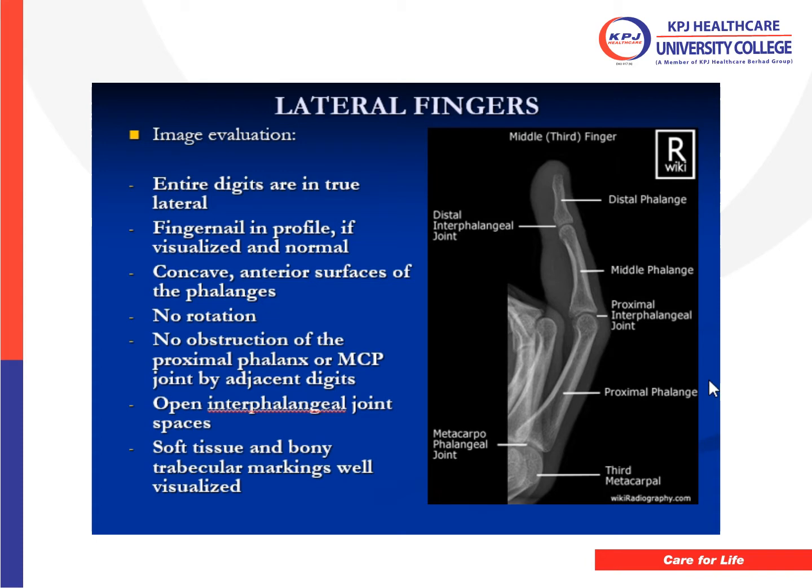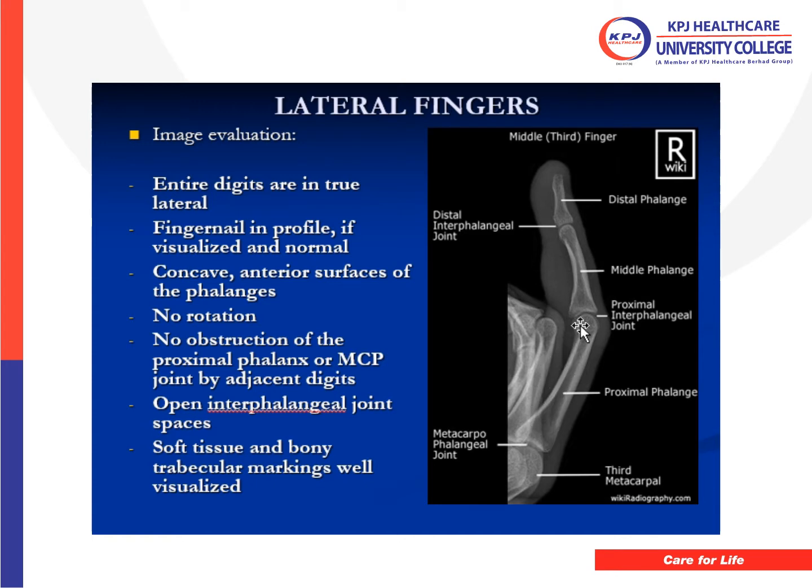And then the image is about the same. Contrast and density are good enough, optimal to visualize the part, the soft tissue and bone, the bone trabecular markings as well as the pattern. No motion appears when looking at the bone itself.